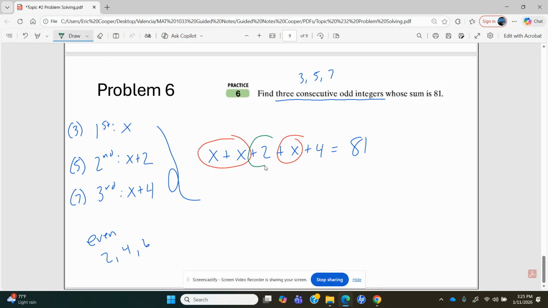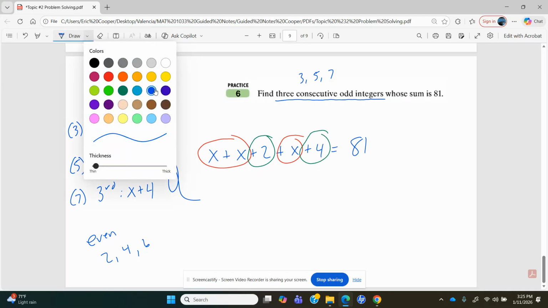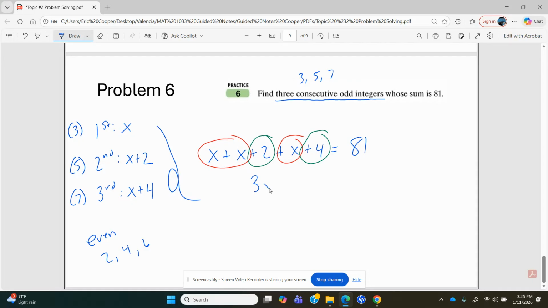I also have positive 2, positive 4 that'll combine. x plus x plus x gives me 3x. 2 plus 4 gives me 6. And I know that's equal to 81. Solving for x, I need to subtract 6 from both sides. I have 3x equals 75. I'll divide both sides by 3, and I'll have x equals 25.